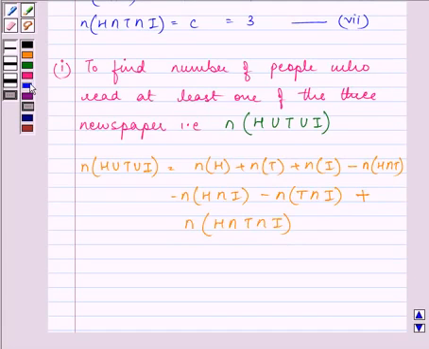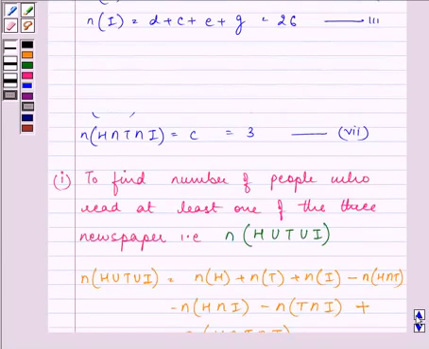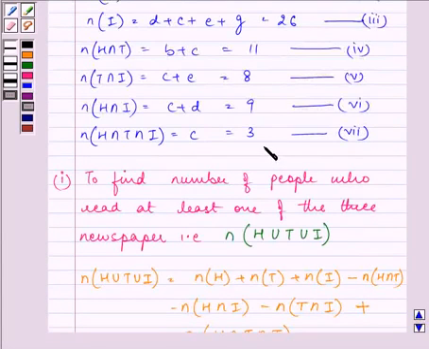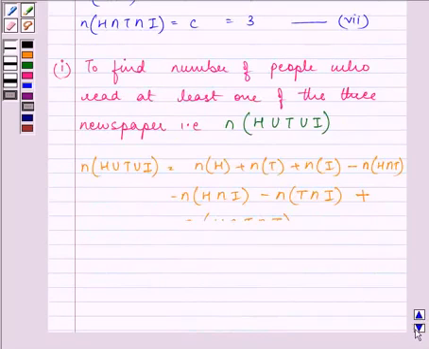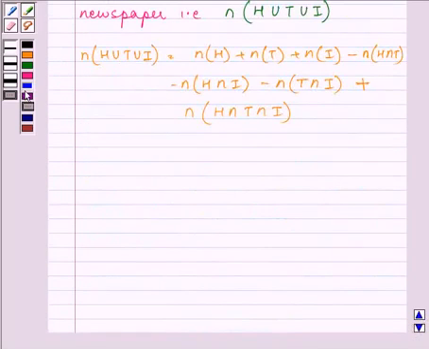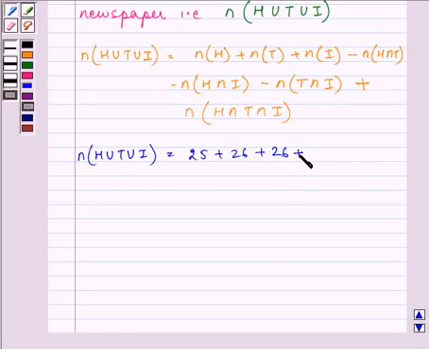So we'll just plug in the values that we have from above, and on doing so we have H union T union I will give us 25 plus 26 plus 26.